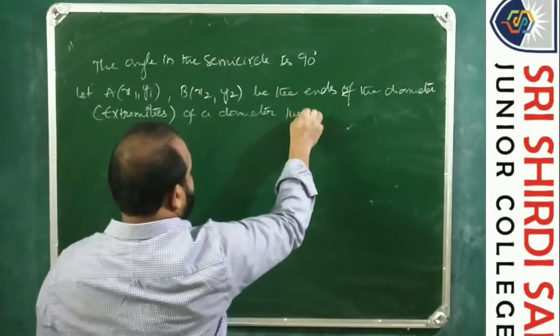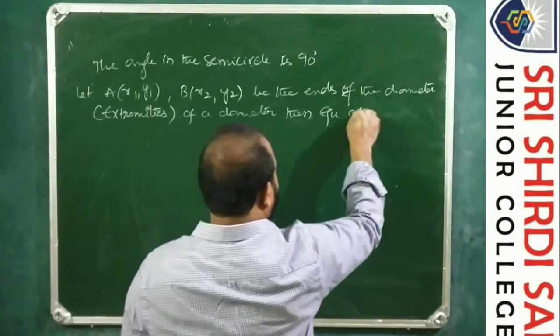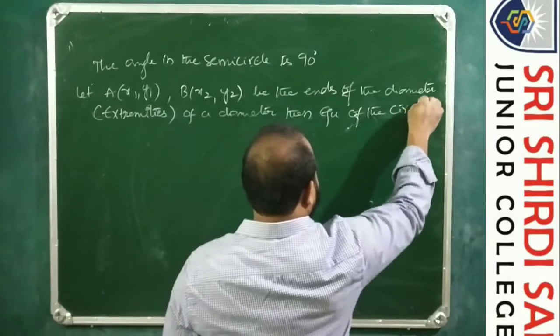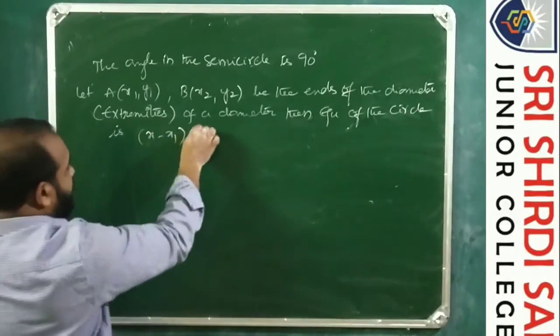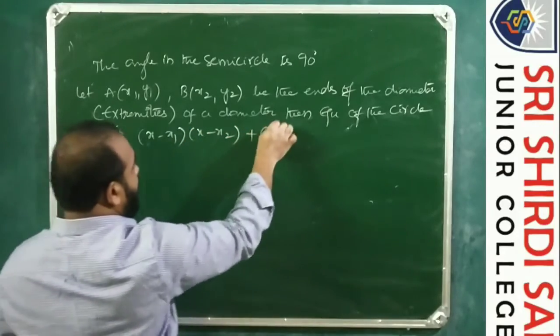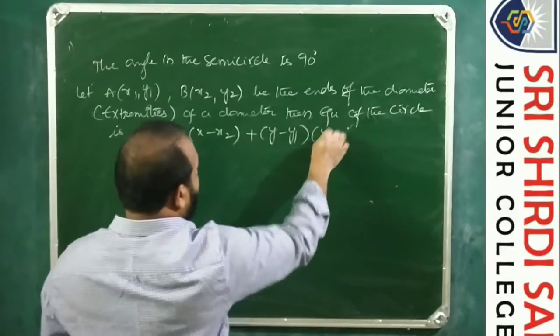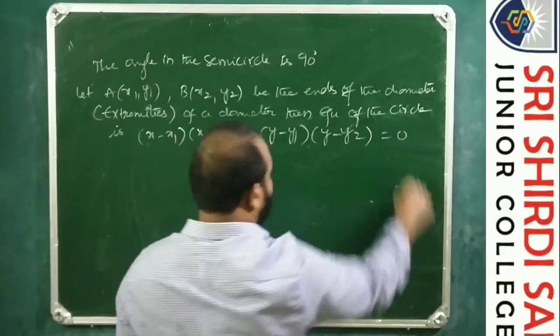Then the equation of the circle is (x minus x1)(x minus x2) plus (y minus y1)(y minus y2) is equal to 0.